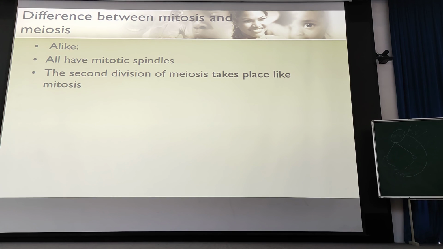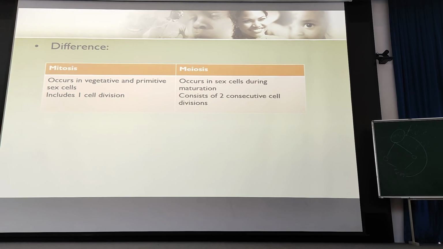We have differences between mitosis and meiosis. Alike, all have mitotic spindles. The second division of meiosis takes place like mitosis, and the difference is mitosis occurs in vegetative and primitive sex cells, but meiosis occurs in sex cells during maturation.